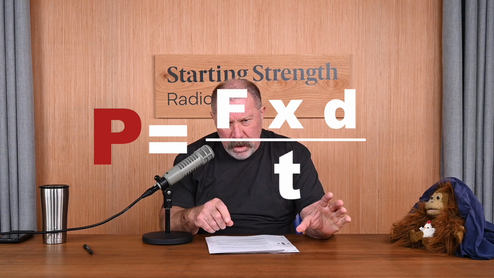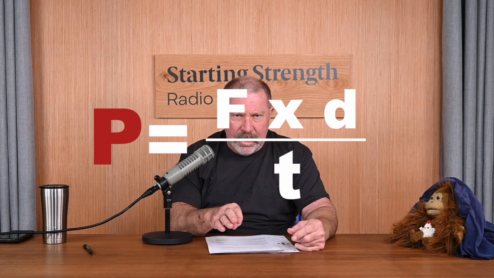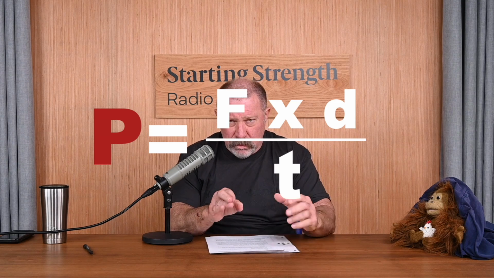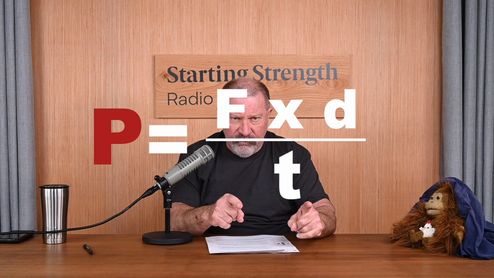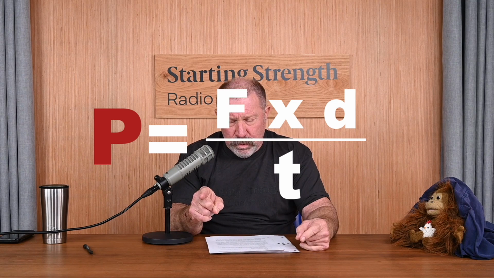But in terms of the power equation, power equals force times distance, divided by time, which is the denominator. So the numerator is F, force: how much force you produced, over what distance you produced it.